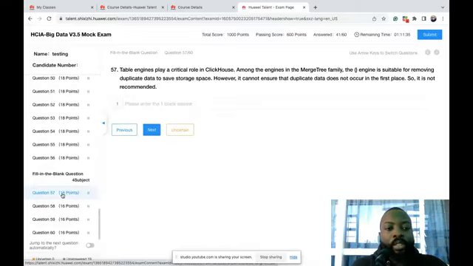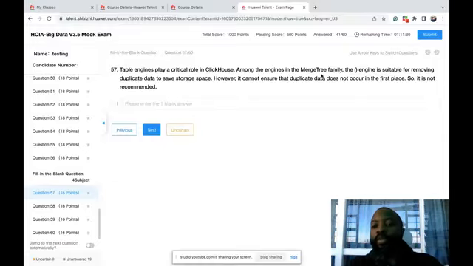Let's see here. Table engines play a critical role in ClickHouse. Among them, which engine is suitable for removing duplicates?